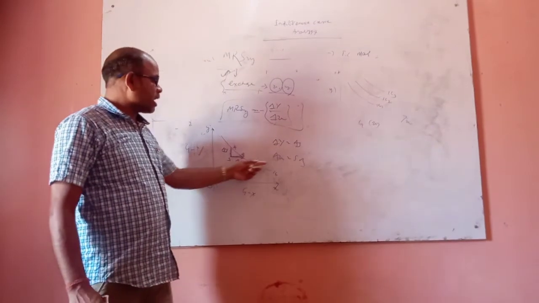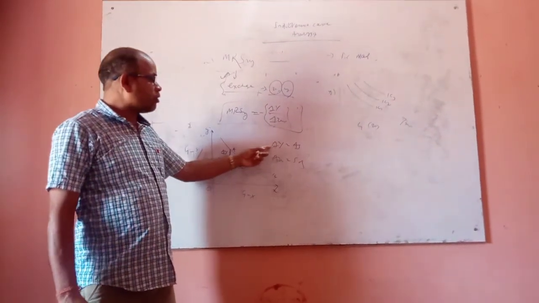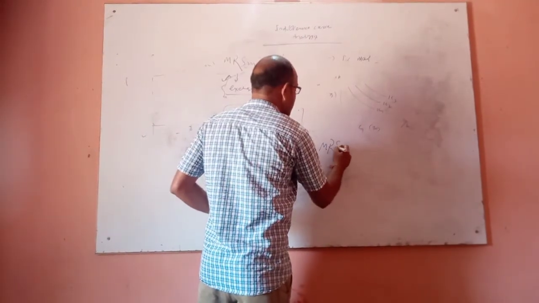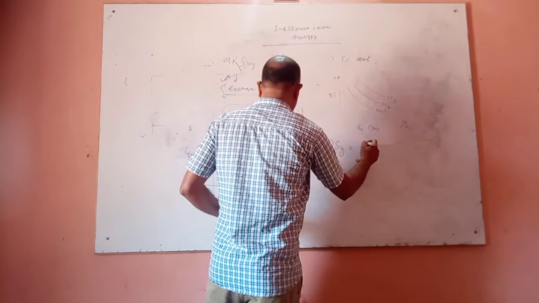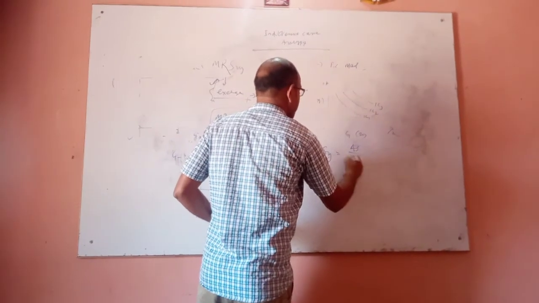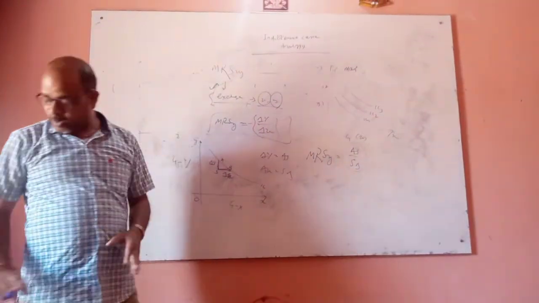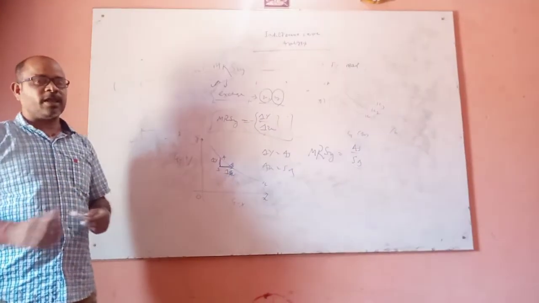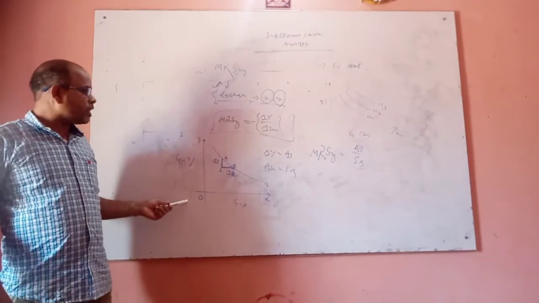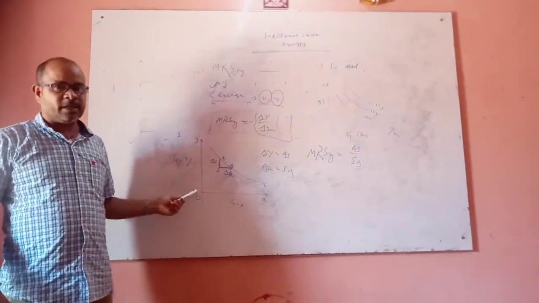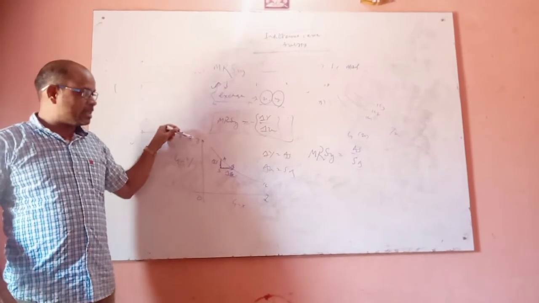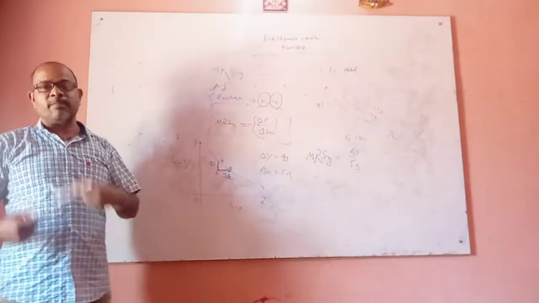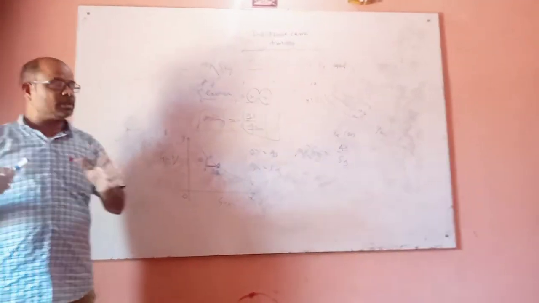With del x equal to SB and del y equal to AS, MRS XY equals AS by SB. So these are the basic components under indifference curve analysis, where the consumer is always ready to sacrifice or change the units of one combination for the other in order to get the maximum amount of utility.